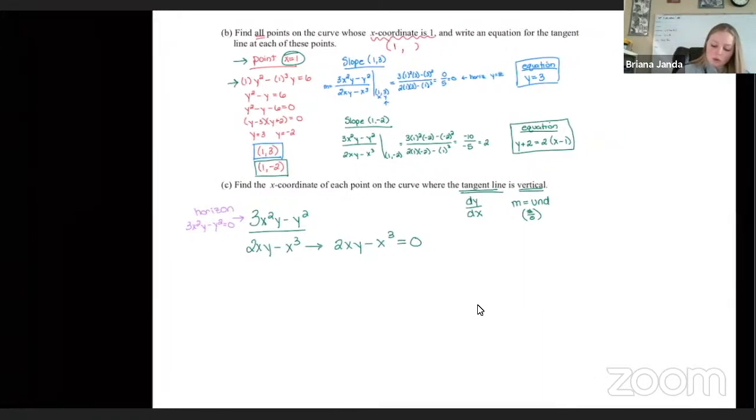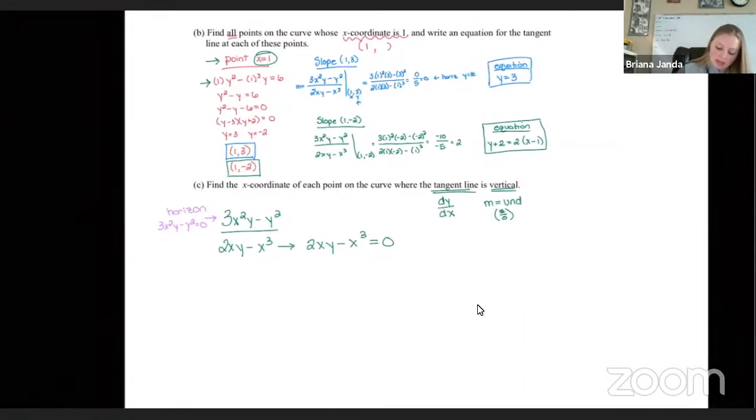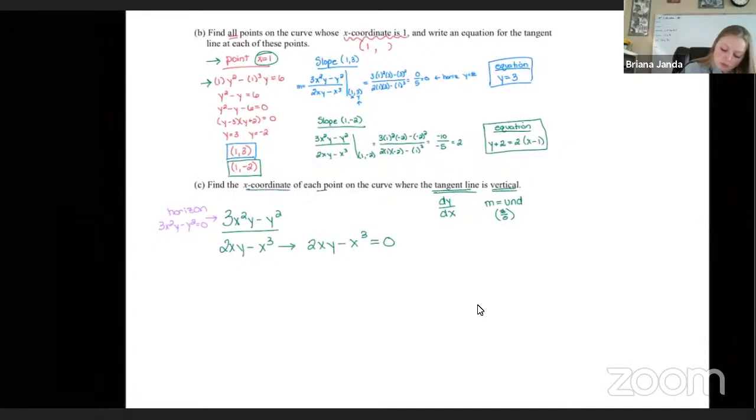Now, what we are looking at currently, and again, find the x coordinate of the point on the curve. So eventually this is going to come from the equation itself. And I'm looking at right now something that has two variables in it, the best I can do is solve for one of those and do a system of equations via substitution or elimination. This looks like it's more set up for a substitution type of problem.